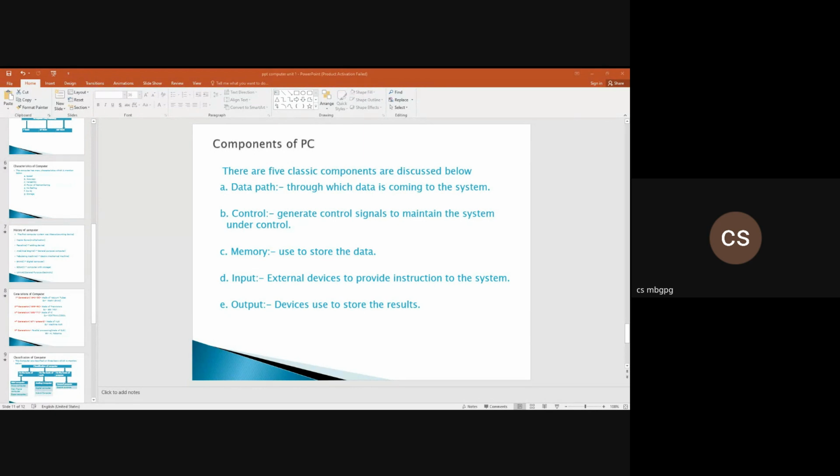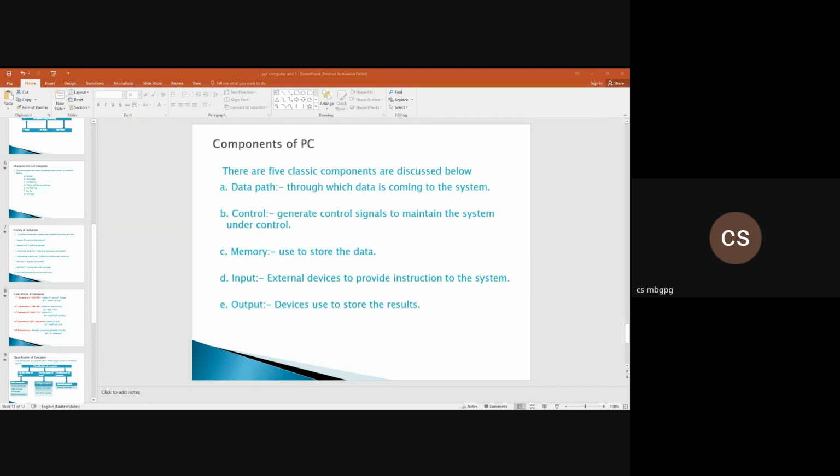This architecture is also called your von Neumann architecture of the computer system. Sometimes it is also asked, what is the architecture of computer system? What is von Neumann architecture of computer system?